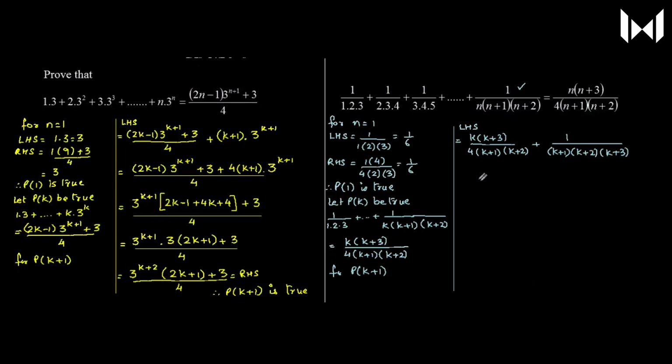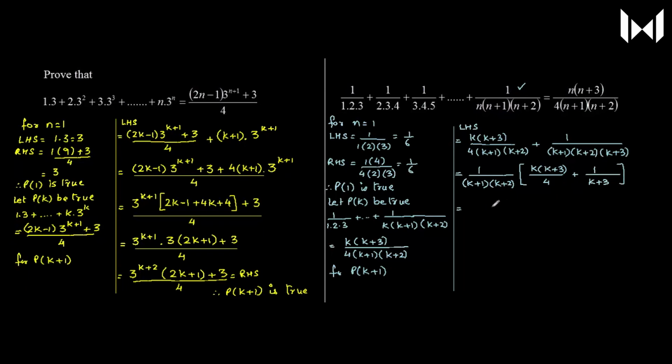Now we take out common 1 over k plus 1 into k plus 2, and inside we are left with k into k plus 3 over 4 plus 1 over k plus 3.